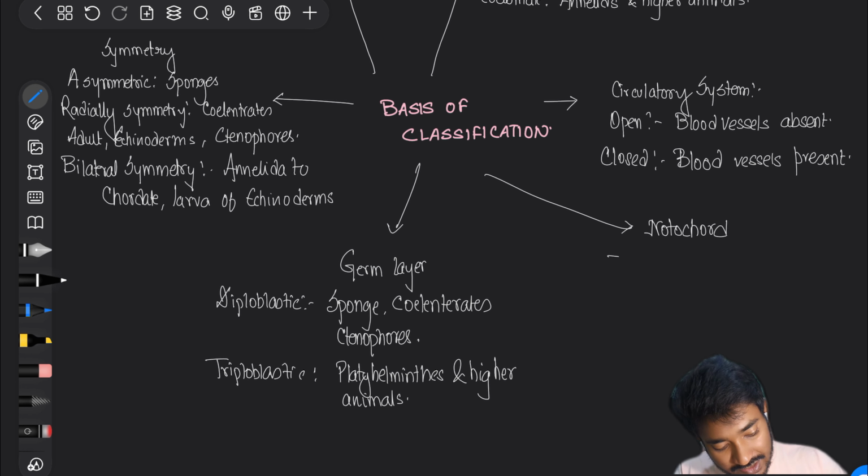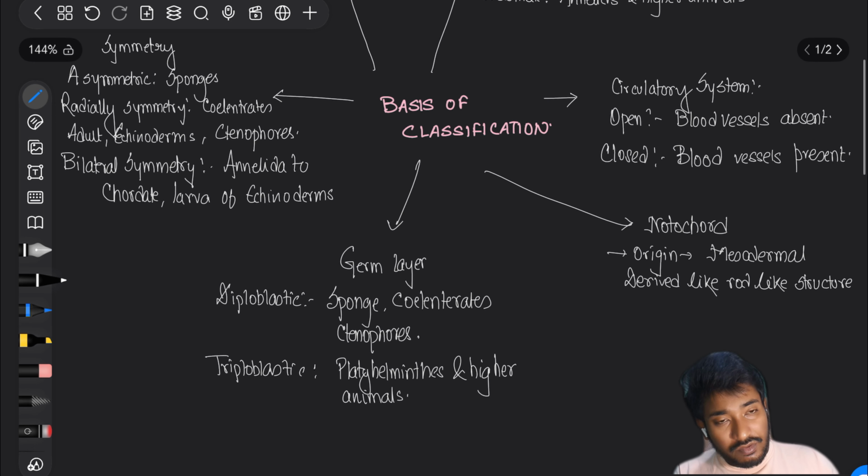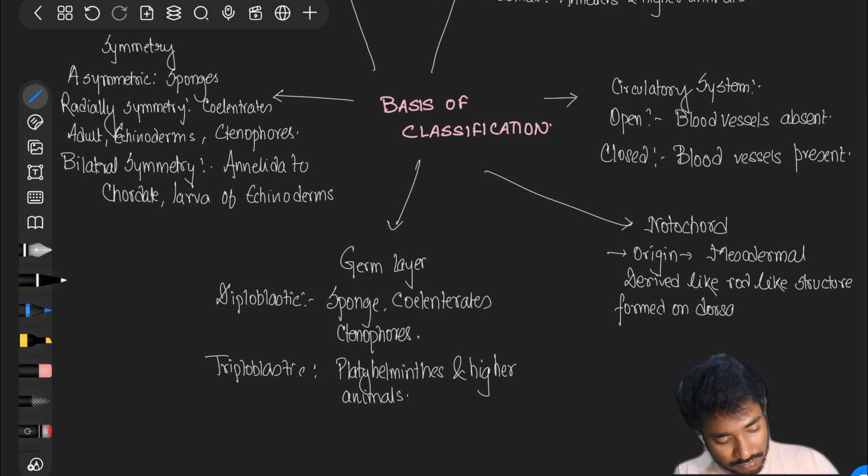Notochord is mesodermal in origin. It is a rod-like structure formed on the dorsal side during the embryonic stage.